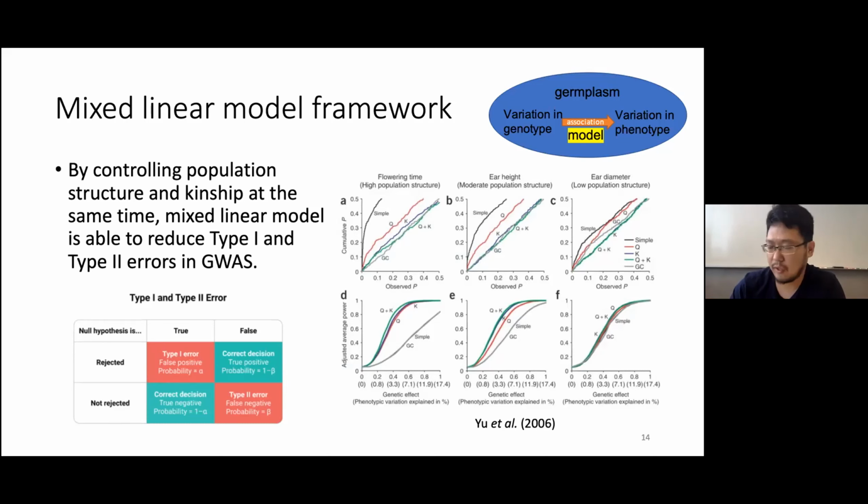I'll include a link to tutorials about how to decide fixed and random effects later in this slide, so you can refer to it. Is psi a random effect or a fixed effect? It's usually a fixed effect.